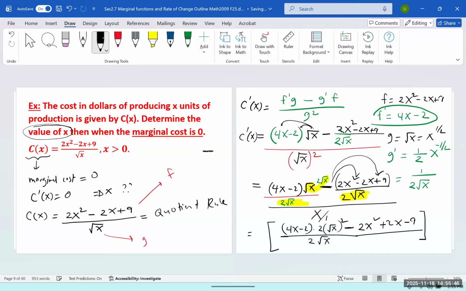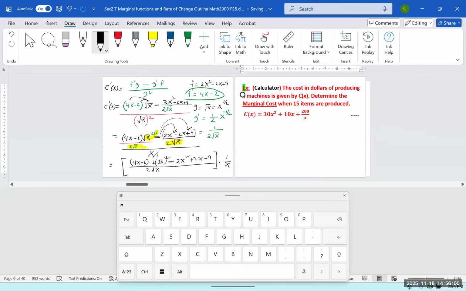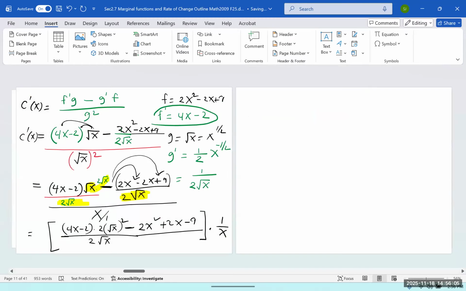Here, dividing by x means you're going to multiply by the reciprocal, so times 1 over x. So we get (4x minus 2) times 2x. The square root and square cancel out. Minus 2x squared plus 2x minus 9.